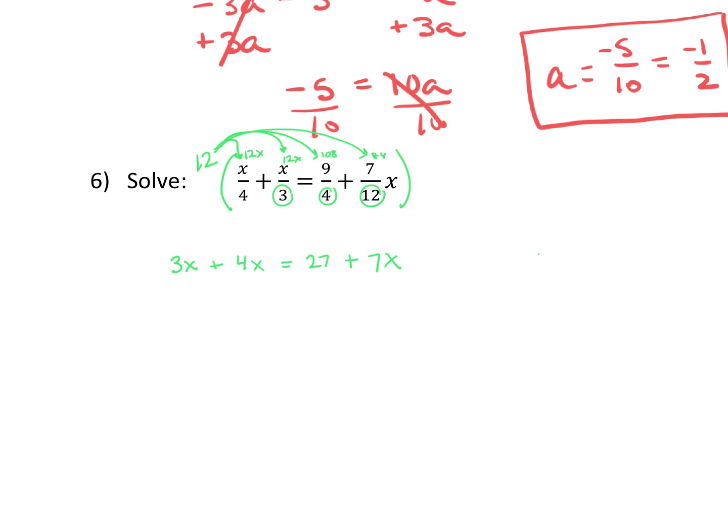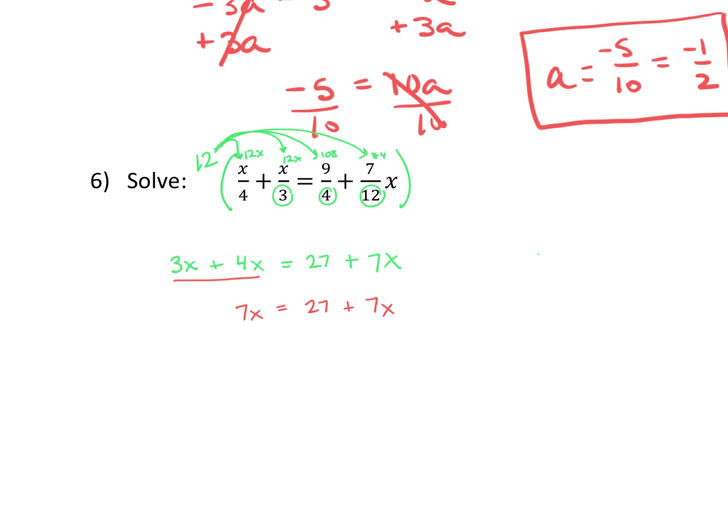Okay, well, this equation looks much easier to solve. So what we're going to do here is see if we have any like terms on either side of the equation. On the left side, we have 3x plus 4x, which is 7x. On the right, we don't have any like terms, so we'll just bring down our 27 plus 7x.